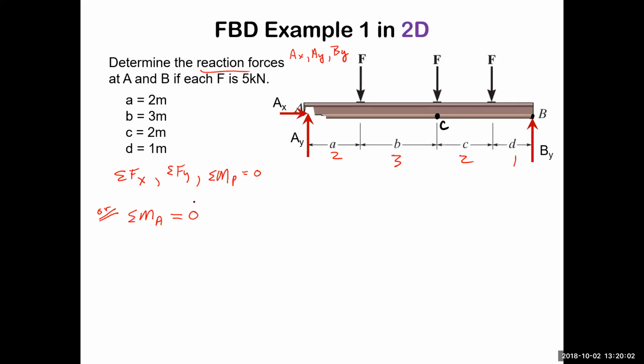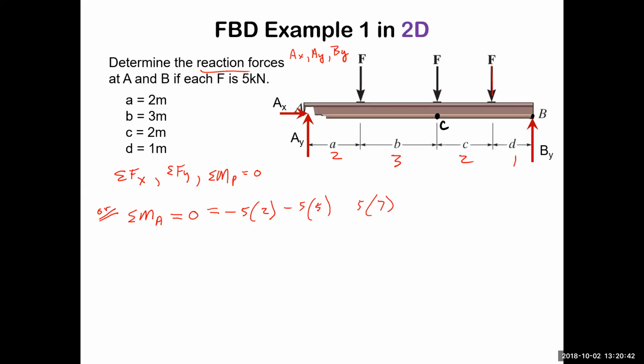So let's start by taking the sum of the moments at A equal to 0. This will help us find which force? BY, yeah. So the sum of the moments at A equals 0 is going to equal, okay, each force is 5, so 5 times 2, negative, and then 5 times 5, which is also negative, and then 5 times 7.